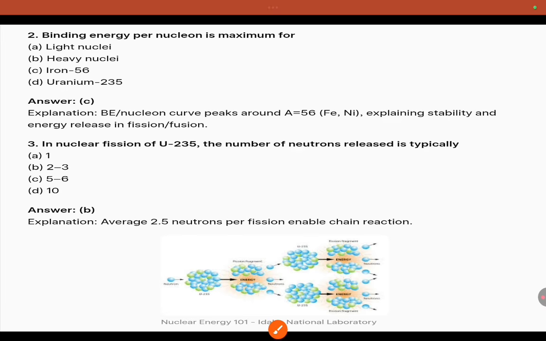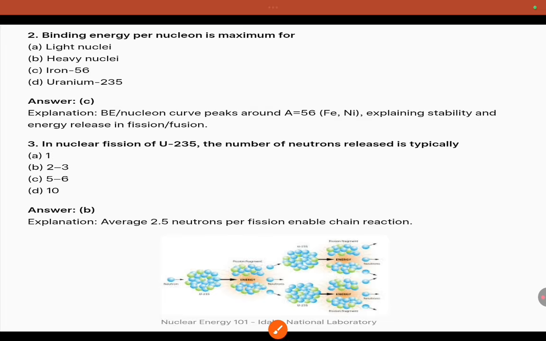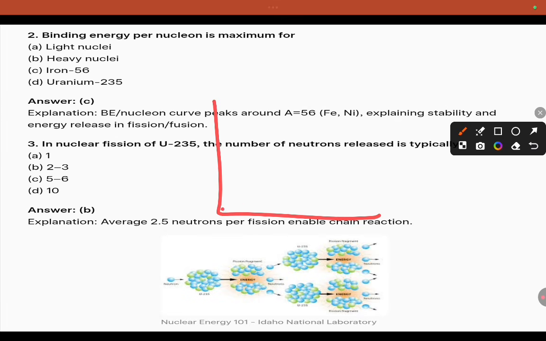Coming to the second one, binding energy per nucleon is maximum. For whom is it maximum? In class 12 we have a binding curve, and you will see this type of curve in the class 12 textbook.